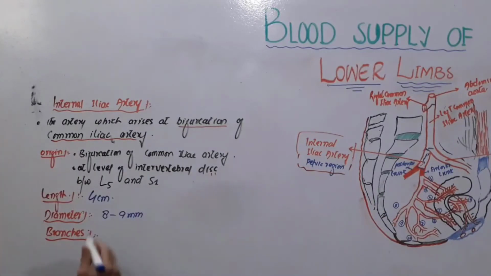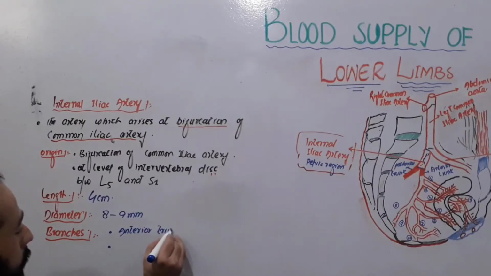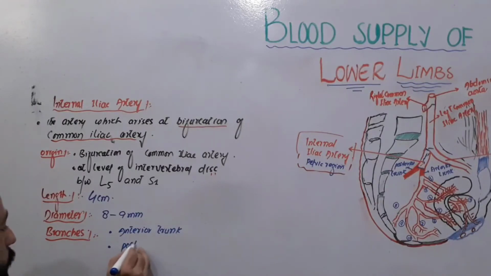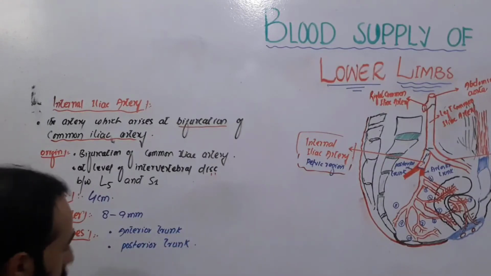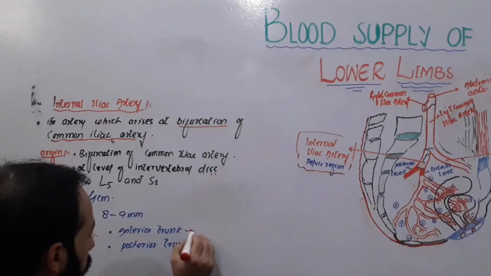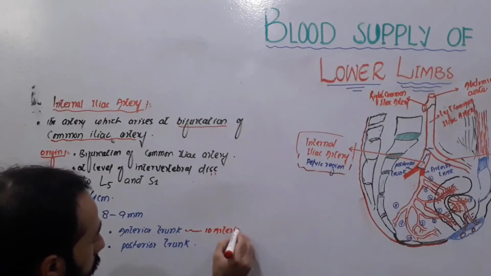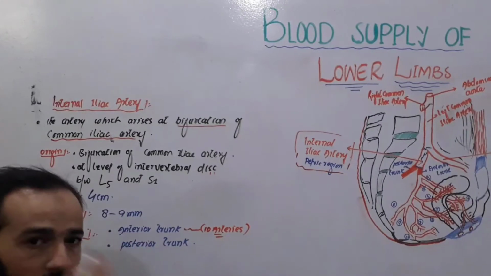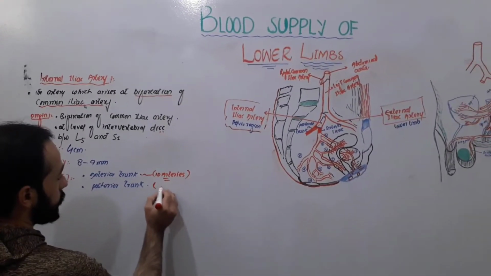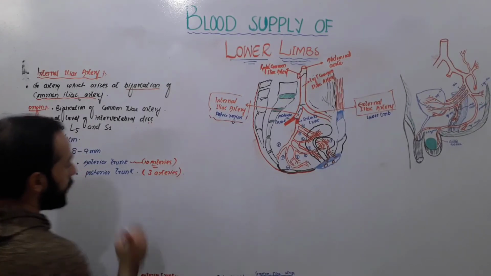Let me write here. It gives off two big trunks, the anterior trunk and the posterior trunk. From the anterior trunk, there are about 10 arteries, and I will show you all those arteries and the regions which they supply. And this posterior trunk gives off about 3 sub-branches, and we will see them also.